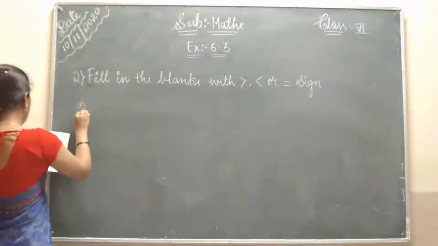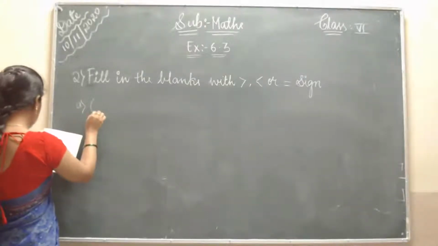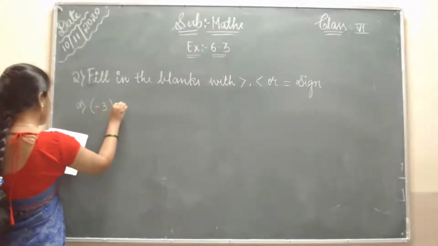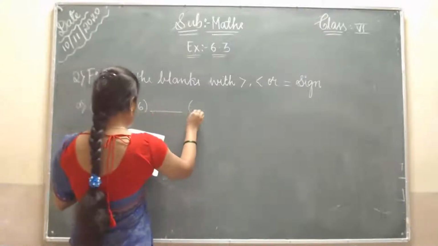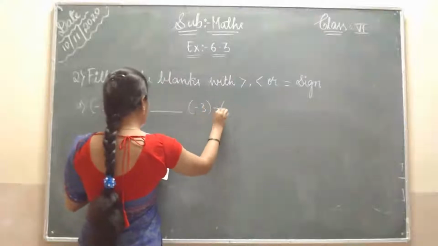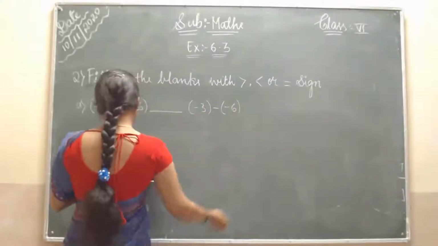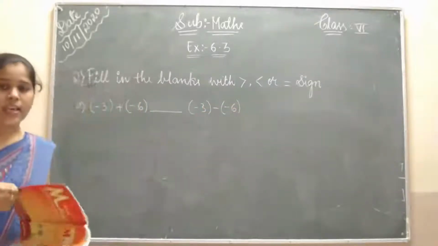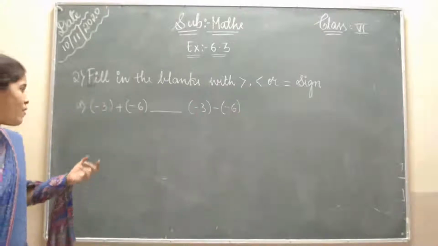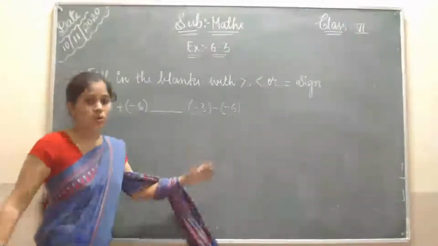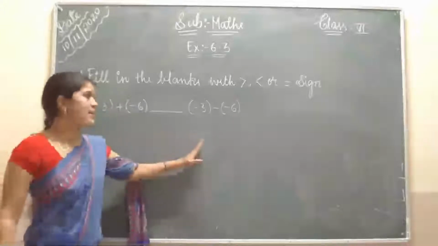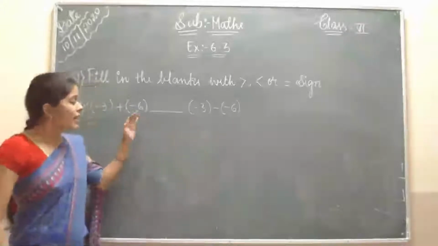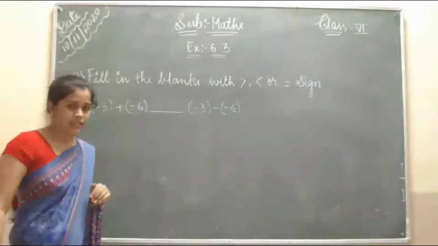We have to fill with the appropriate sign. Minus 3 plus of minus 6, dash, minus 3 minus of minus 6. First we'll solve this one. We have to solve these two parts, left side and right side. Later we'll see which is greater.